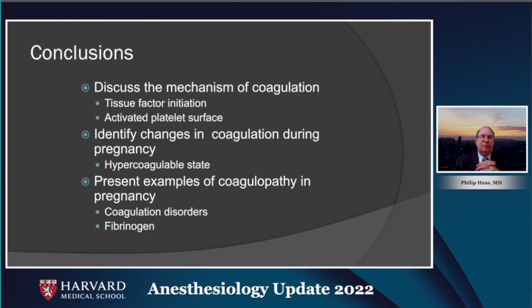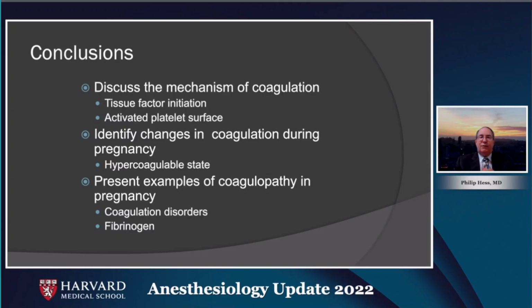In conclusion, we did discuss the mechanisms of coagulation and how clot formation is a very complex process. It starts with tissue factor initiation, usually in normal clot formation from an injured endothelial surface. In abnormal consumptive coagulopathy, that can be released by other cells such as white cells.